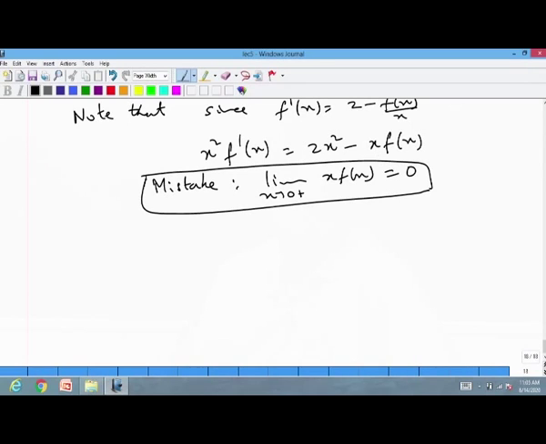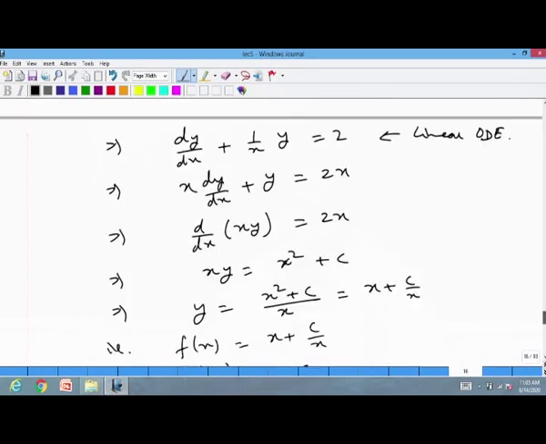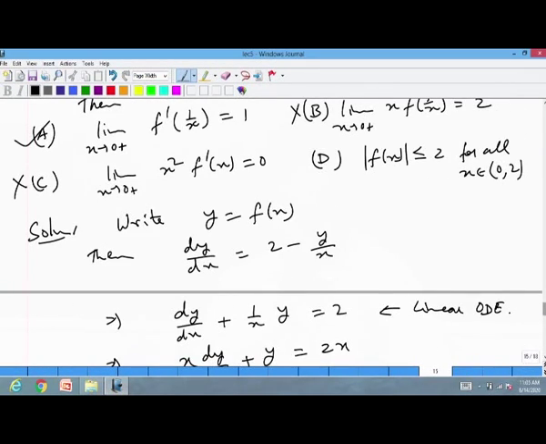So, limit f x as x approaches 0 plus need not be finite. So, if you thought that this limit is equal to 0, then you will think that option C is correct, but it is not correct.